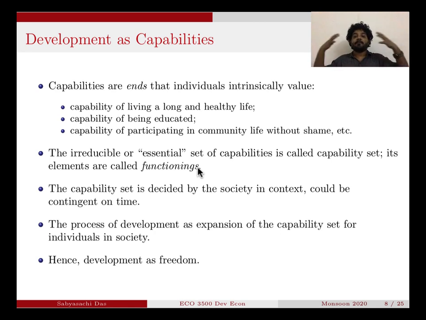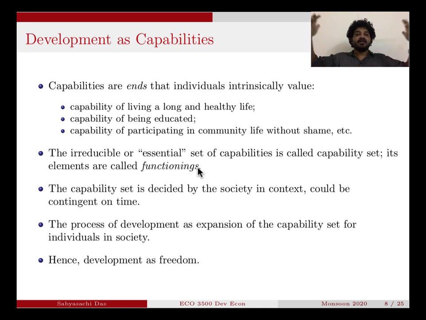So he defines capabilities as ends that individuals intrinsically value. So capability of living a long healthy life, capability of being educated or knowledgeable, capability of participating in community life without shame.